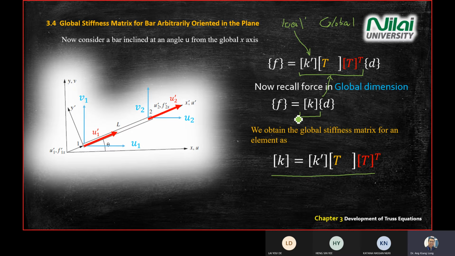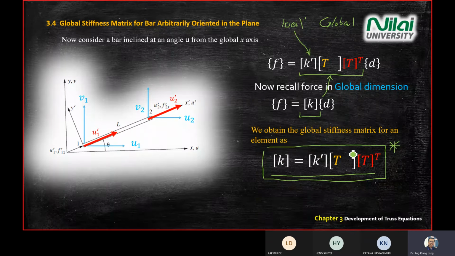By having said that, you can do a conversion on the stiffness matrix itself. Then you solve for the force and the displacement in the equation. Okay, so this is a very important equation that helps you to convert from local to global.